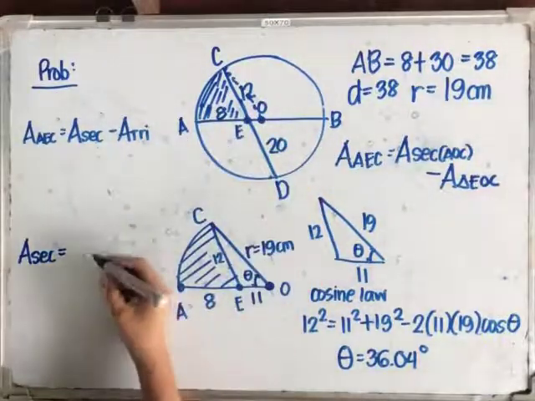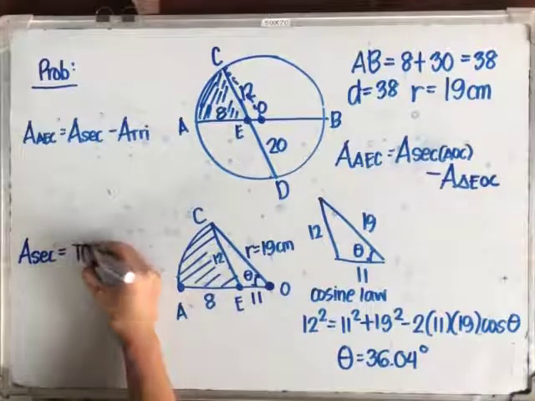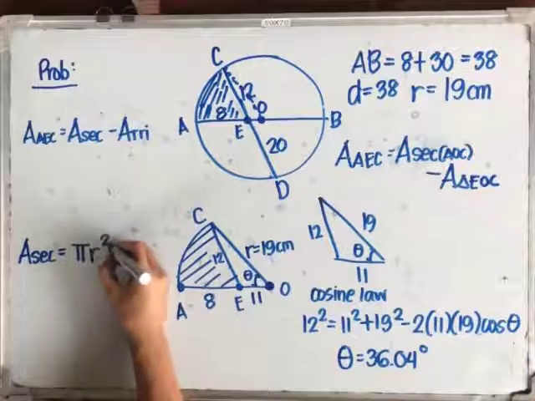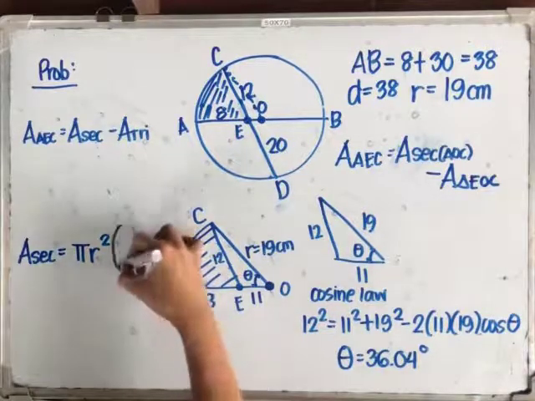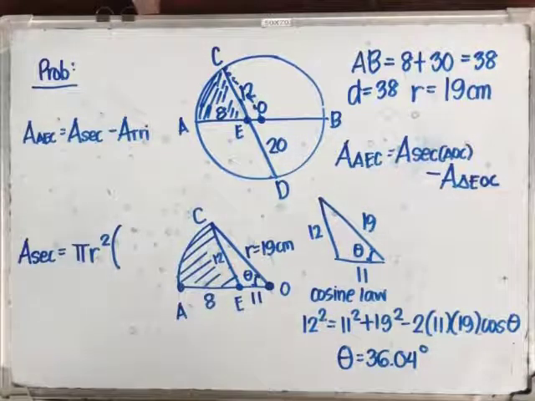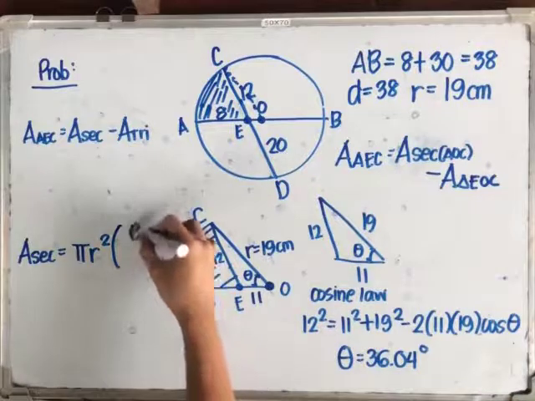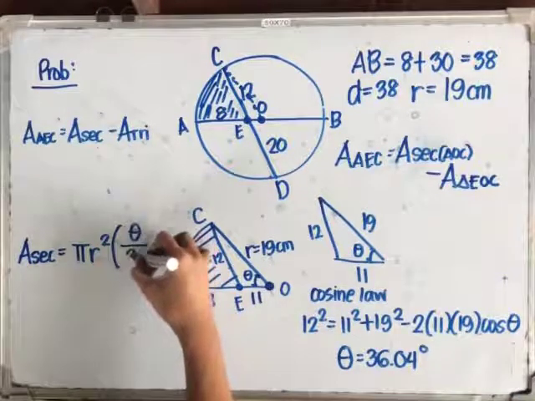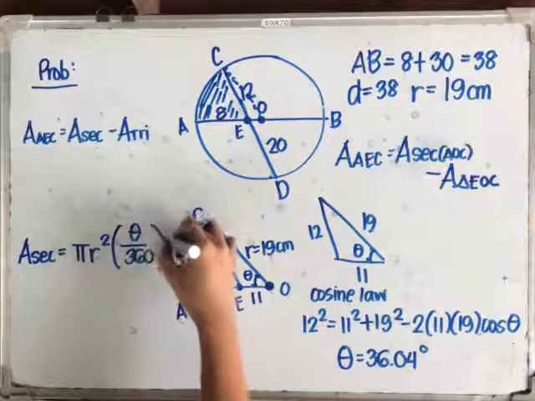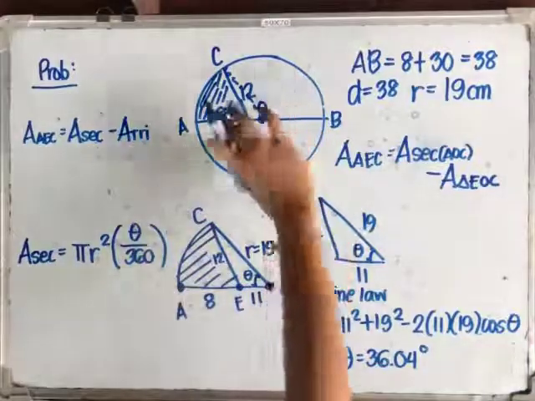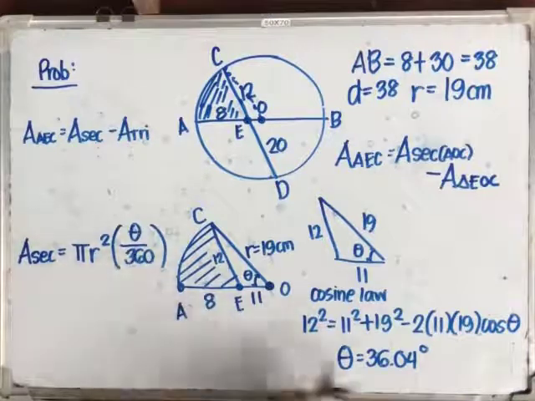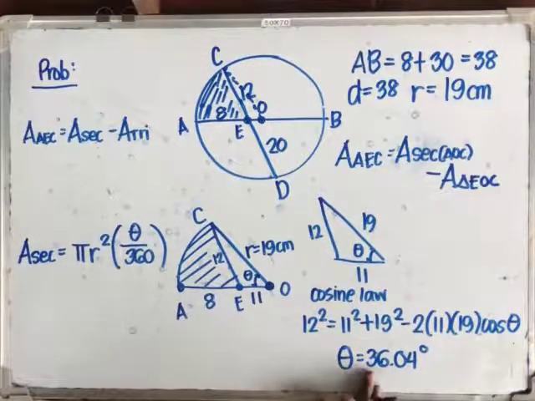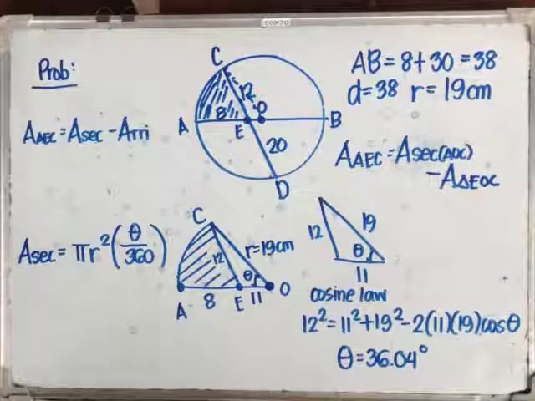You can get the area by taking the area of the circle itself, pi r squared, and then kukunin mo lang yung fraction na gagamitin mo for your sector. And that is your theta over 360. Kasi ang buong circle natin is 360 degrees. But ang kukunin mong area ngayon is 36.04 degrees lang.